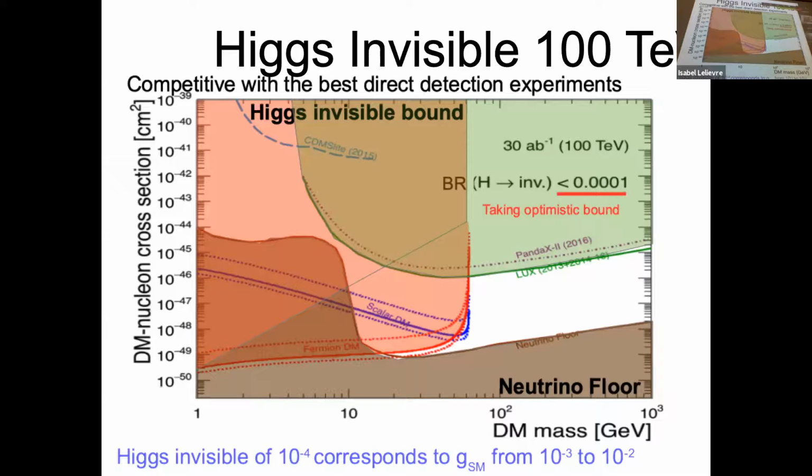Is there anything that they think they should definitely be able to see, like the Higgs for the LHC? Yeah, so I did this analysis, right, kind of to show that you can do a lot of useful things. And so you can do Higgs invisible well beyond any other experiment, right? Like deep into the neutrino wall. So you can write down a list of your favorite analyses and look at it.